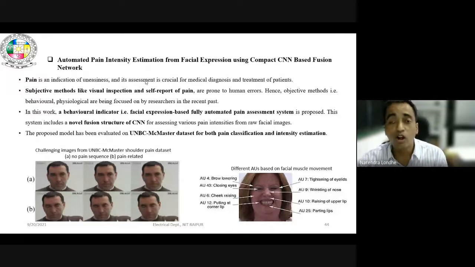So with that thought, we are now designing intelligent pain systems. This is the first time that we are doing it across the globe. The psoriasis work is also the first time that it has been done in the world, and this pain detection system also we have done.